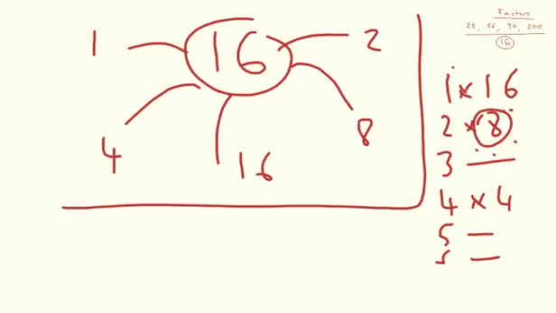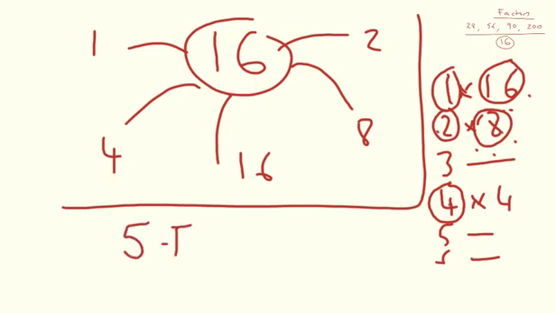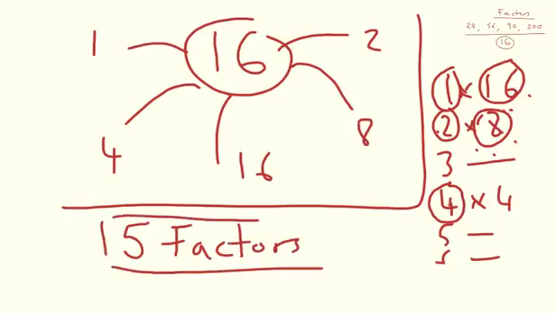So if we count in the circles, 1, 2, 3, 4, and then 4 times 4, so there's only one of them you need, is 5. So 1, 2, 3, 4, 5. 5 factors. So if you get asked a question in the test, how many factors does a number have, this is what I want.